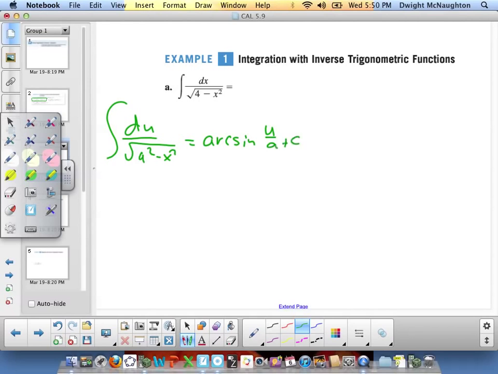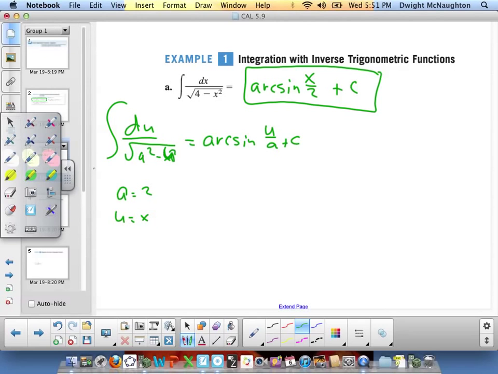This follows pretty closely, provided that a represents 2 and u represents x. We can then fill it in and we get arcsine of u over a, where u is x, a is 2, plus a constant. And you can always check by taking the derivative.